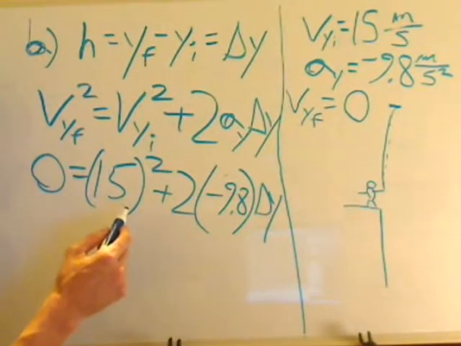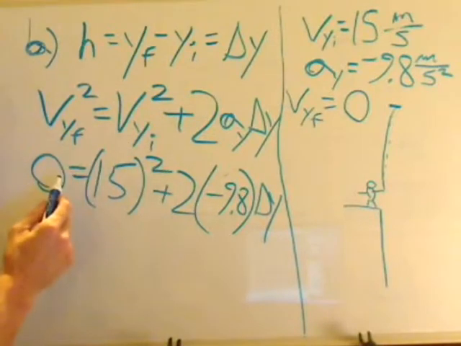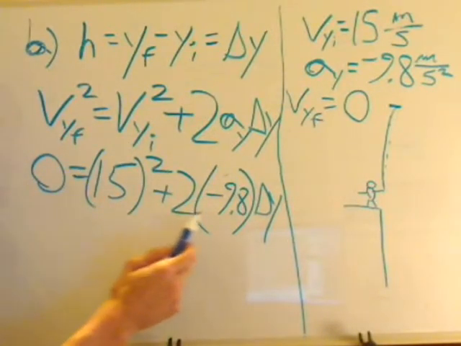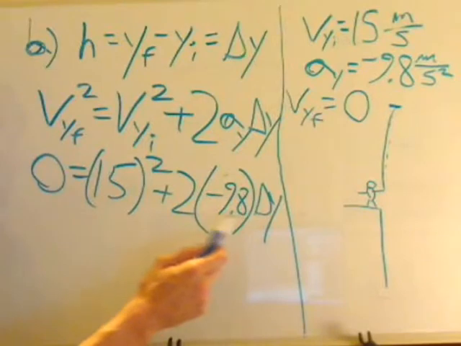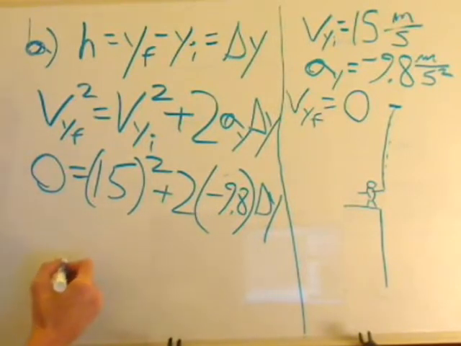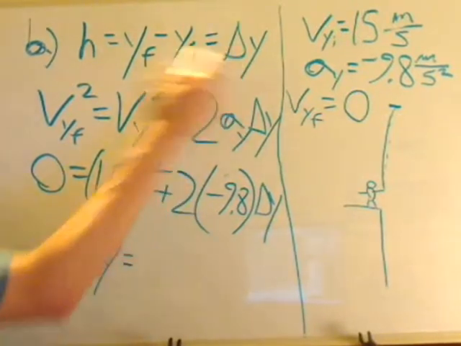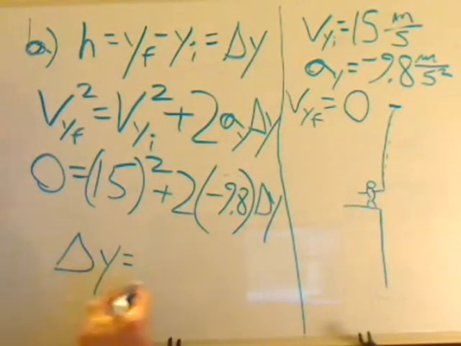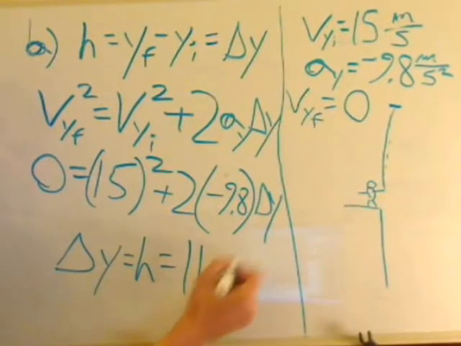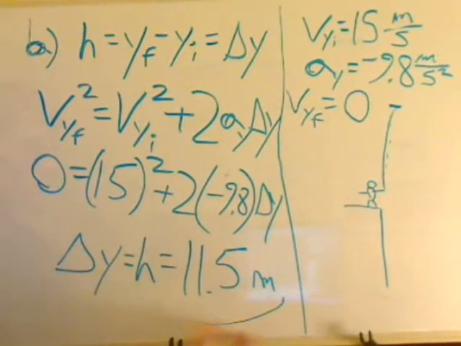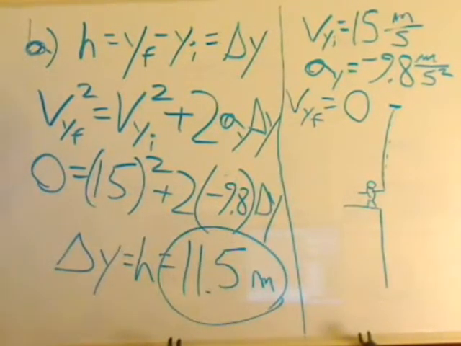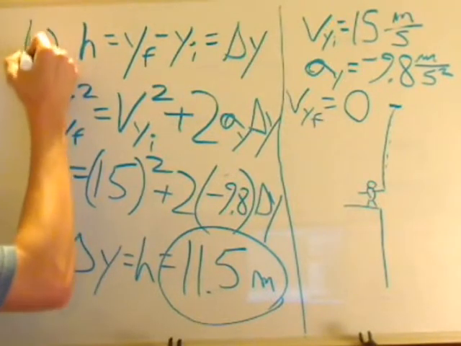Square 15, bring it to the other side, then divide both sides by 2, and divide both sides by negative 9.8, and you find that delta y, which is in fact the height above the man and above the edge of the cliff, is 11.5 meters. So that was part B.